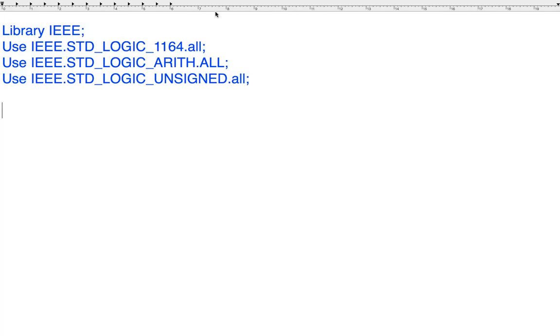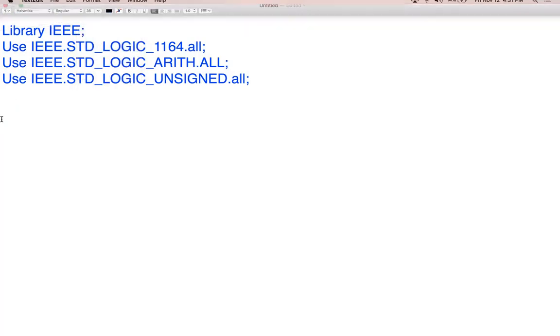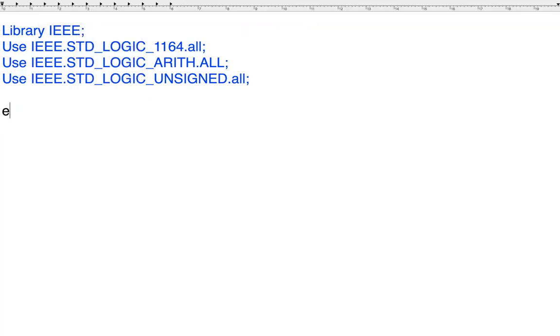Okay, now that we talked about that, I'm going to do the entity statement. The entity statement is a little different, but once you get it down, you're fine. So entity, and then circuit1 is. This is where you declare your ports. I'm going to make A an input, and that's standard logic.